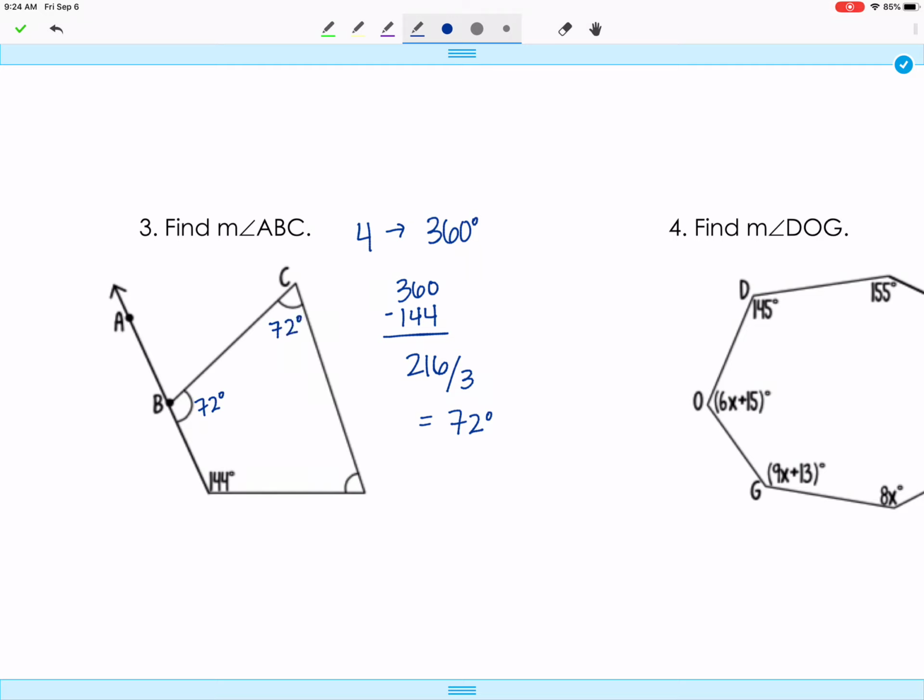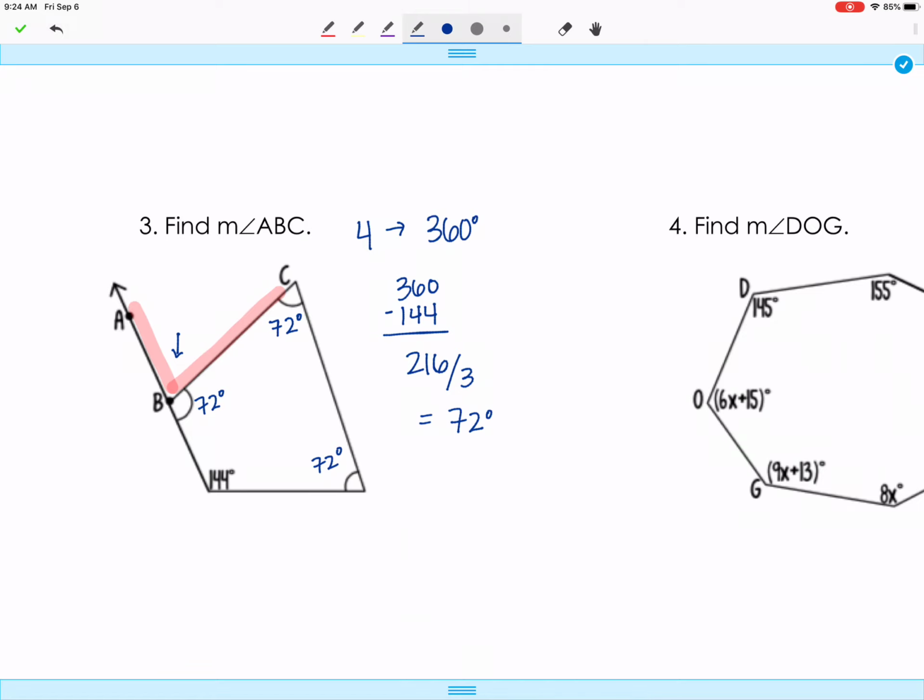Again, I realize that angle B doesn't look like it's 72, but this is what we're going with because the picture says congruent for all those marks. Okay? All right, now, if what they want us to find is angle ABC, then we actually need the supplement of 72. So 180 minus 72, then angle ABC right next to that would be 108.